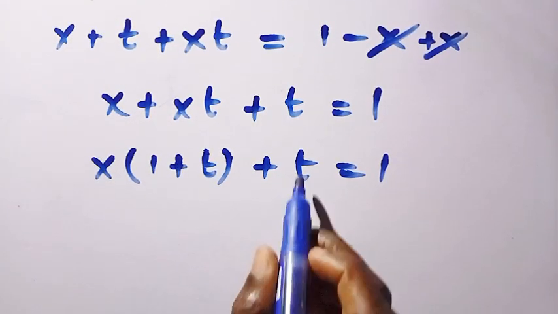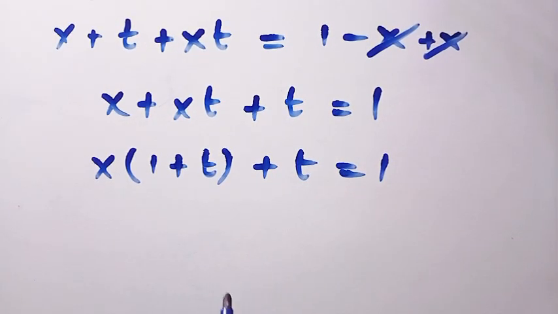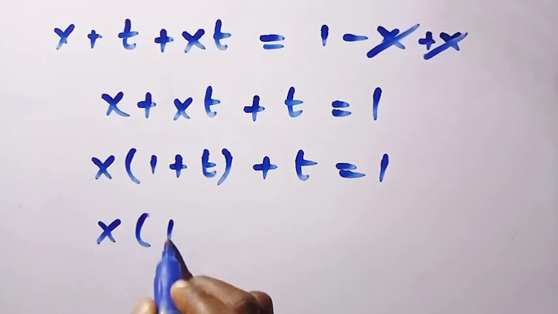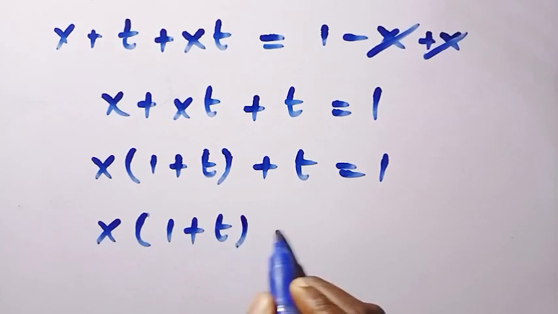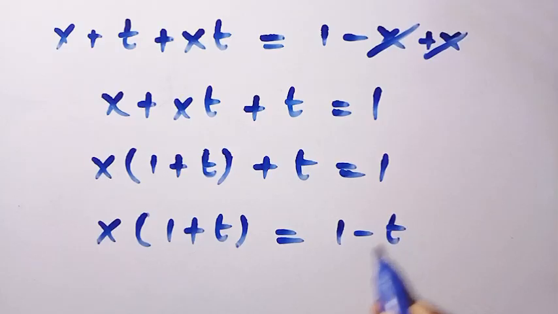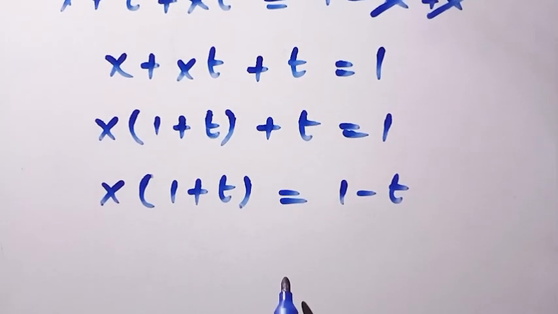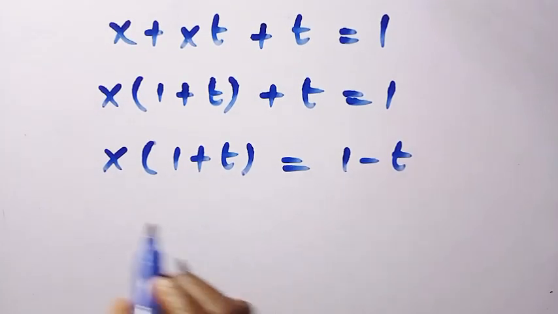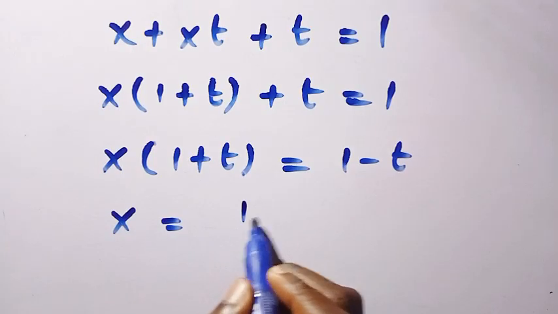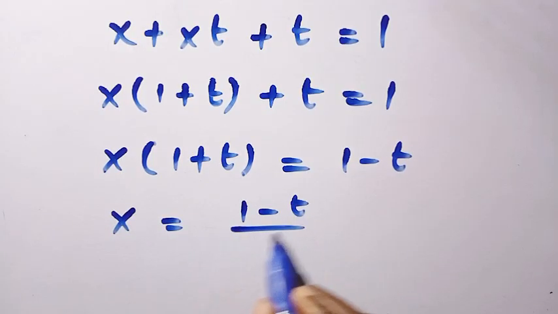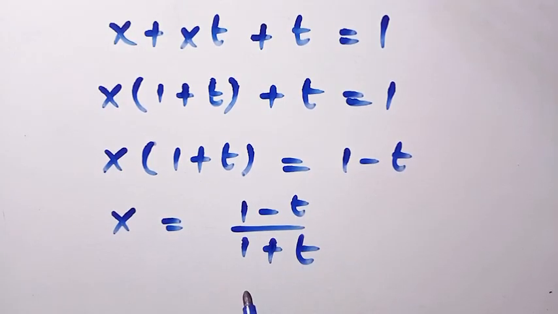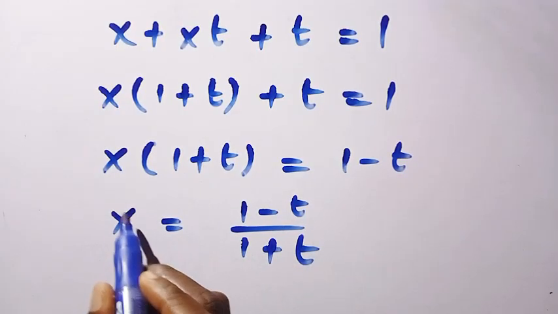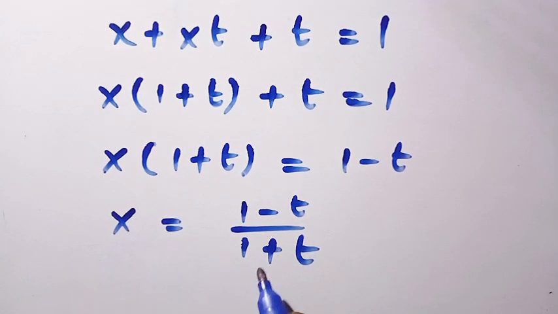After having this, let's take t to the other side. We have x into bracket of 1 plus t equals 1 minus t. Then we divide both sides by 1 plus t, so that we have x equals (1 minus t) divided by (1 plus t). Since we have made x the subject of the formula, we are going to resubstitute back into the given function.